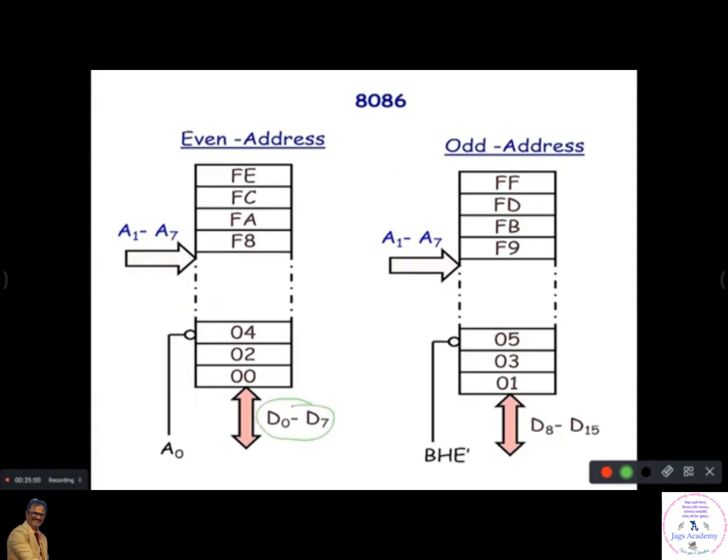Your lower order byte data can be read or written using even addresses, like you have done for memory interfacing. Similarly, your higher order data has to be read or written using odd addresses.